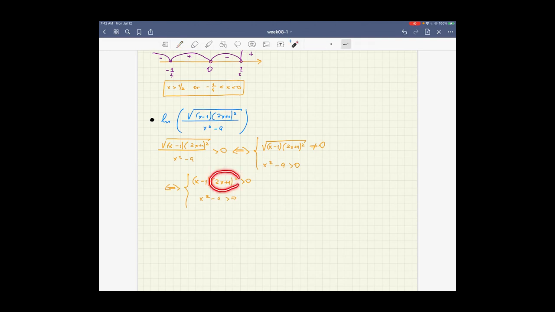This expression is always non-negative, so we must require that it's non-zero. We must require that 2x plus 1 is not 0, for if 2x plus 1 is 0, this whole thing is 0. Whenever this is non-zero, this factor is always positive, and then we must require that this factor is positive.